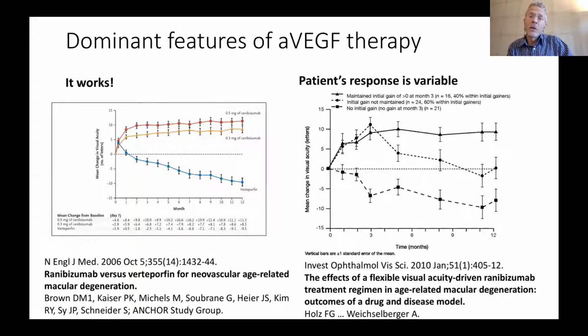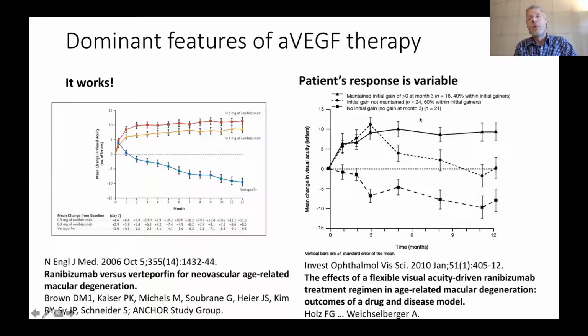And you can see that some of the patients who received no more injections, their vision improved and continued to stay that way. Whereas other patients, after a period of good vision, their vision started to decline. Whereas other patients, without any further treatment, their vision started to decline much more rapidly.